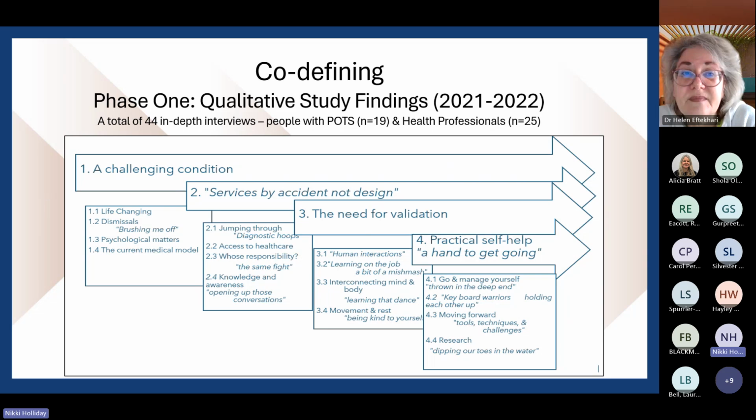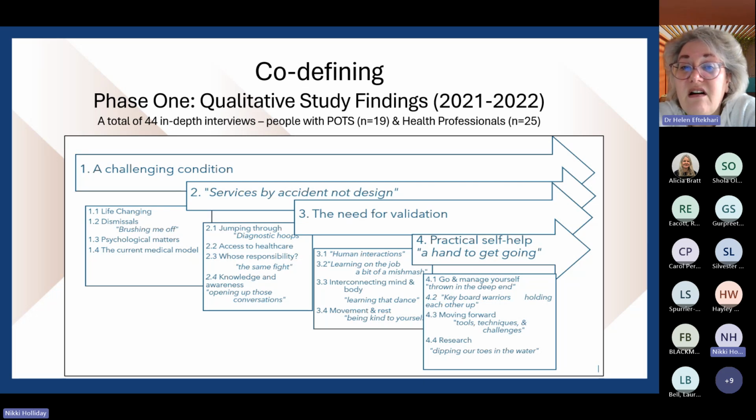So in phase 1 of co-defining the issues, I undertook a qualitative study which had a large number of people with POTS, 19, and health professionals, 25, and these were in-depth interviews. So I won't go through all the findings of that because of time here. But there were basically 4 themes that emerged out of that. The first was that POTS is a challenging condition for both clinicians and people to live with.